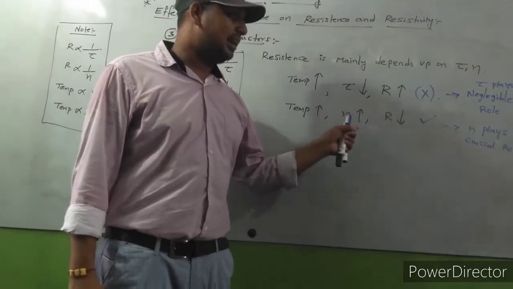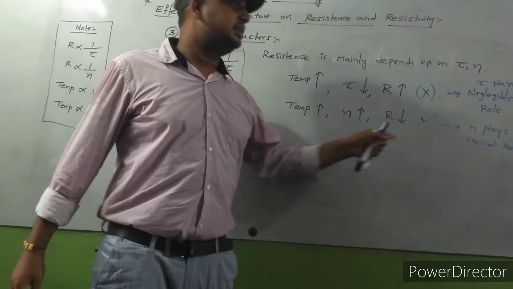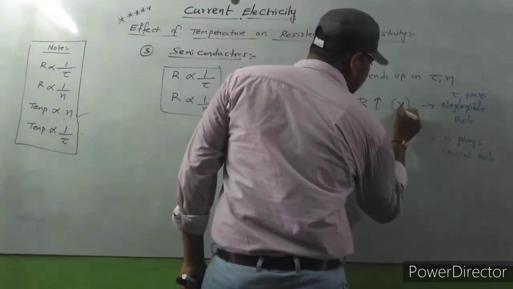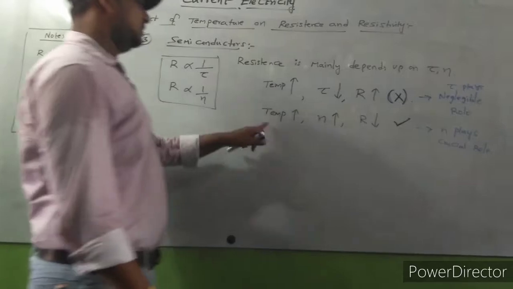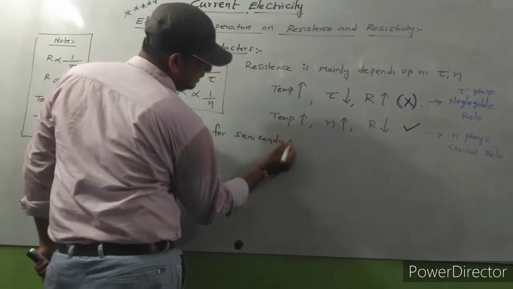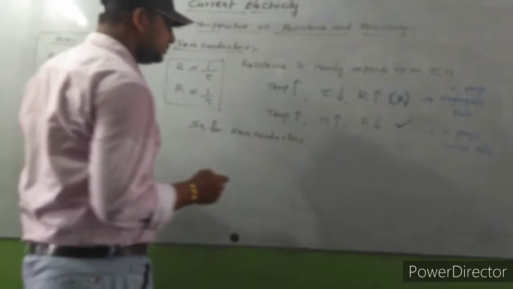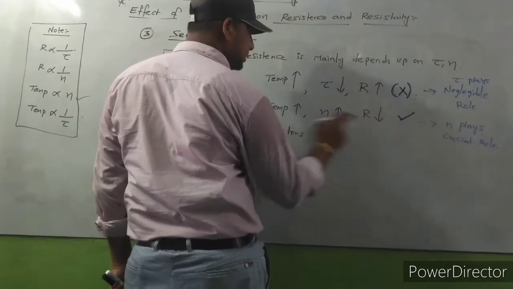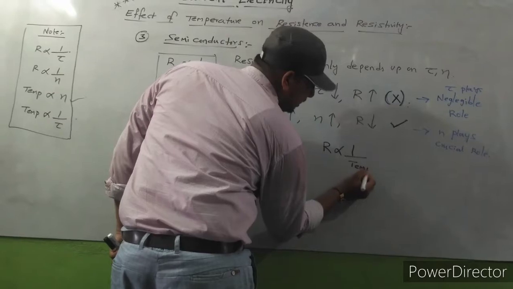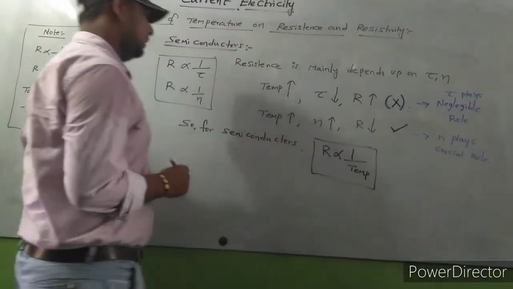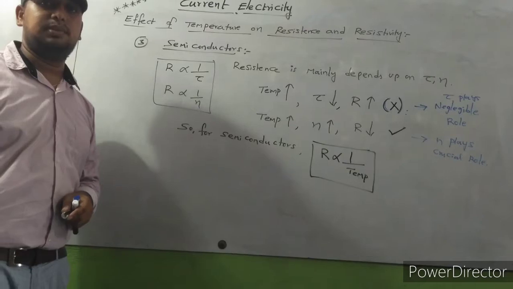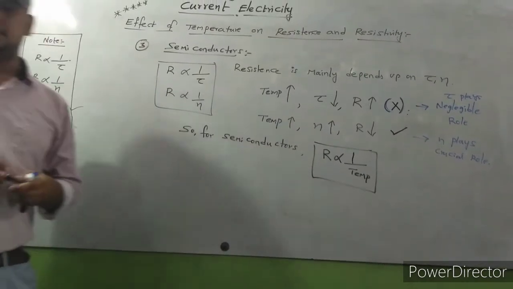If temperature increases, the N value increases, and resistance decreases. N plays the crucial role and tau plays less role, that's why we neglect tau. So for semiconductors, resistance is inversely proportional to temperature. So this is about semiconductors.